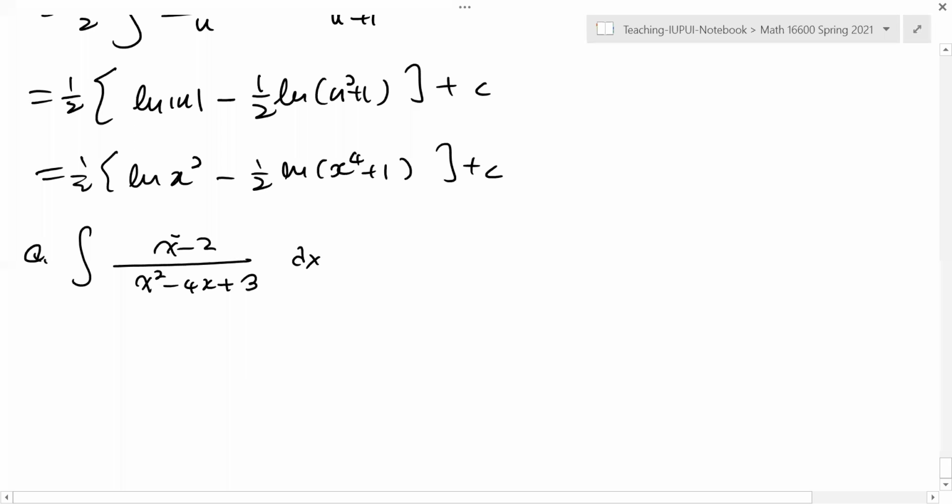Okay. Then you look at the denominator. It's x squared minus 4x plus 3. It has zeros.